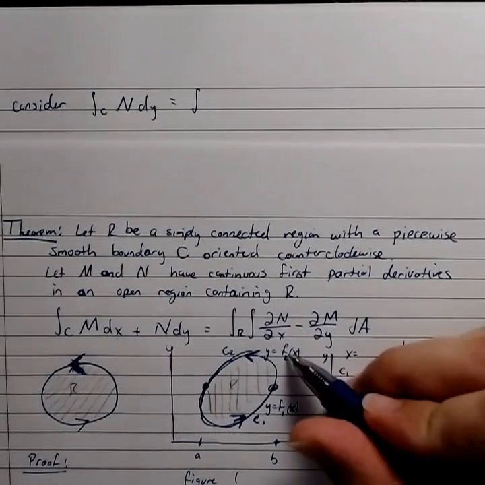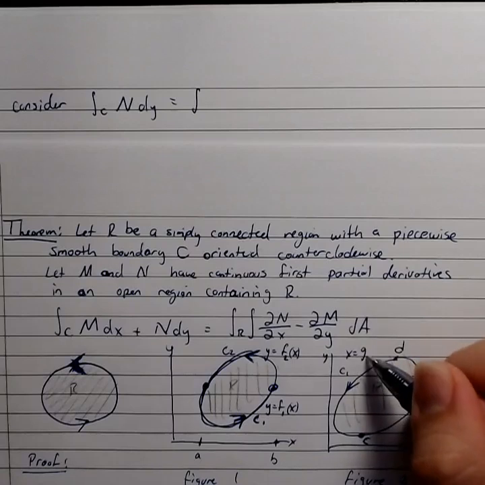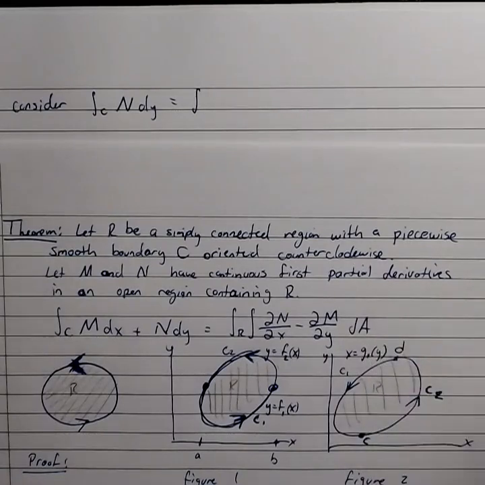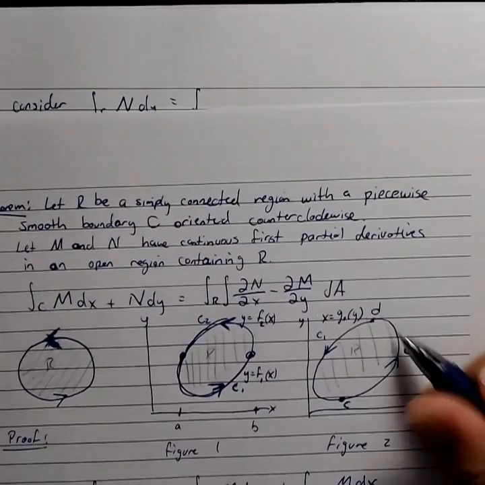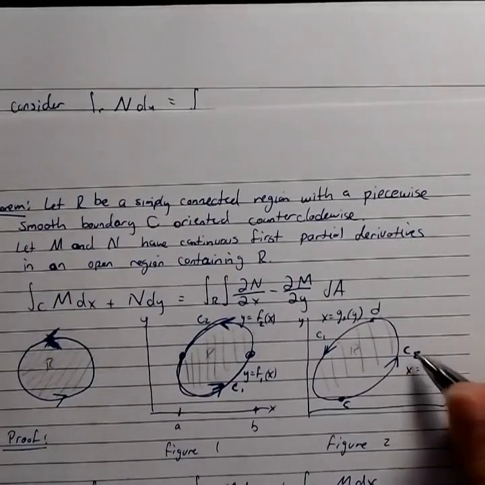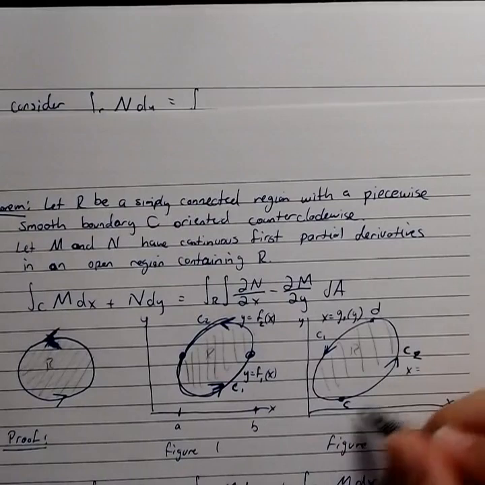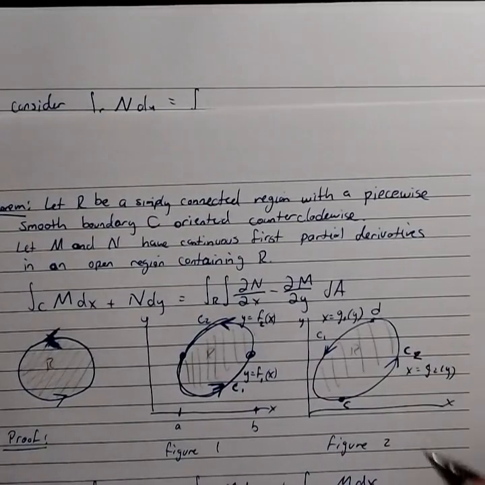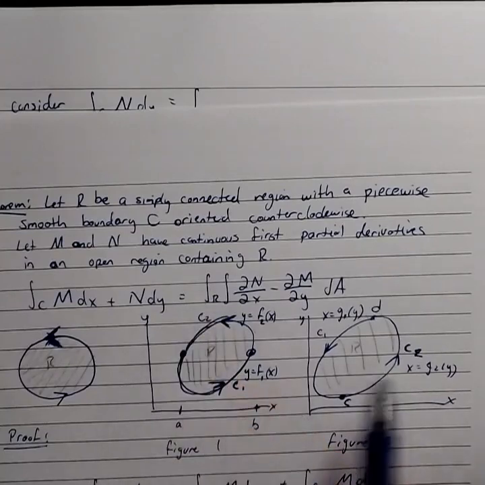I've already used f for something, so let me call this g. So C1, I can write as x equals g1 of y. And same thing over here: x in this part of my curve is a function of y as well. So I'm pretty much just pulling this, but horizontally rather than vertically.